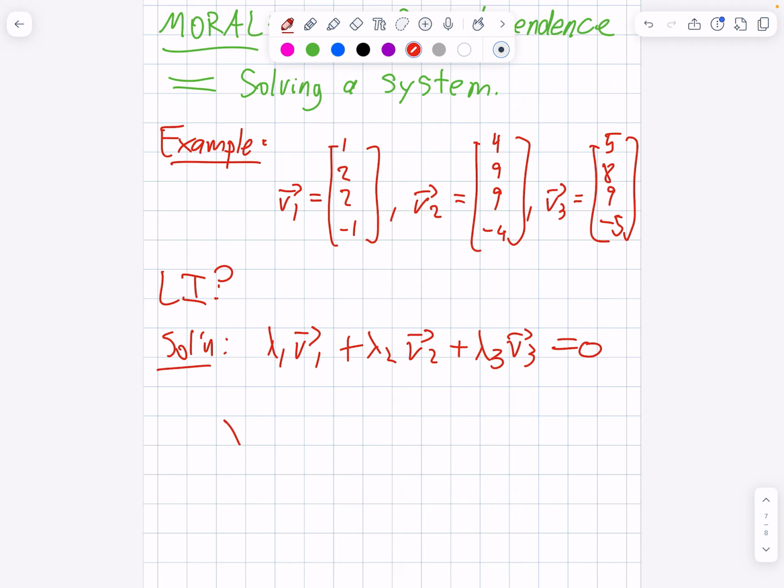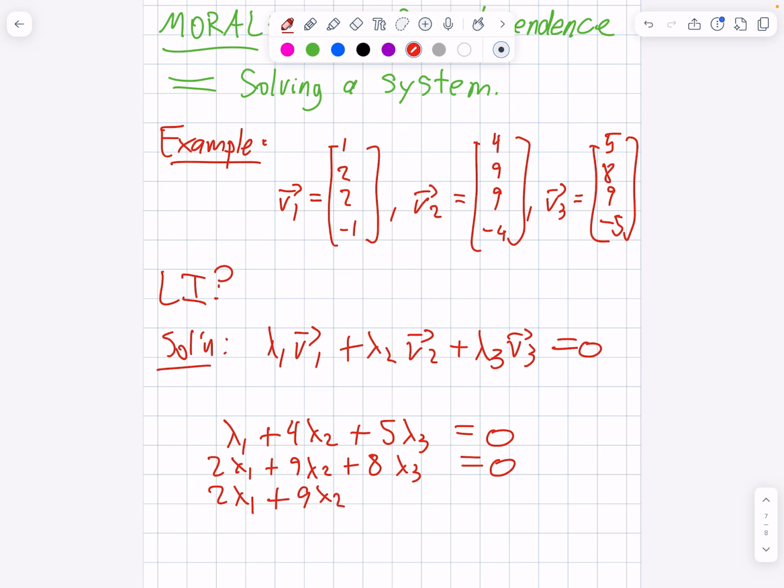So the system would then be lambda 1 plus 4 lambda 2 plus 5 lambda 3 equals 0. 2 lambda 1 plus 9 lambda 2 plus 8 lambda 3 equals 0. 2 lambda 1 plus 9 lambda 2 plus 9 lambda 3 equals 0. And let's top it off with the last one, which is minus lambda 1 minus 4 lambda 2 minus 5 lambda 3 equals 0.